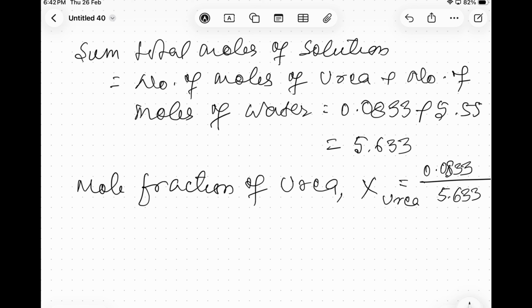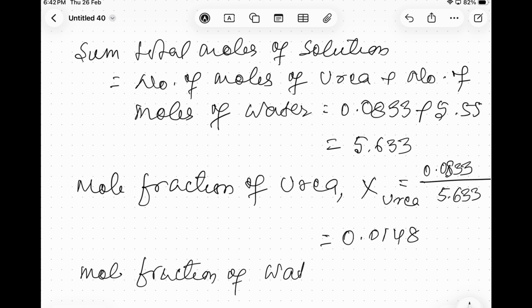The answer should be equal to 0.0148, and mole fraction of water may be determined as 1 minus 0.0148, and it is equal to 0.9852.